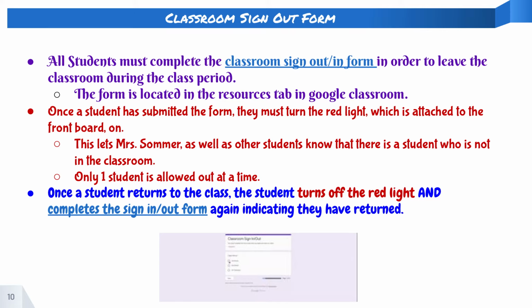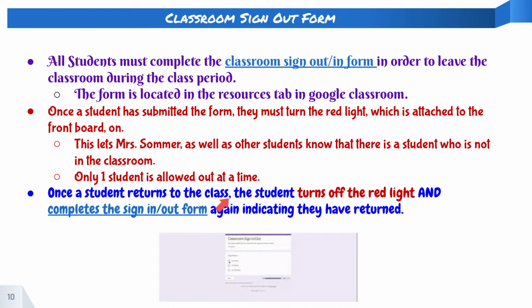Classroom sign-out form. Students need to complete the sign-out form in order to leave my classroom during their assigned class period. The form is located in their resource tabs in Google Classroom. Once they submit the form, they must turn on the red light, which is attached to the front board, and leave. That lets me and other students know that there's a student who's not in the classroom, as only one student is allowed out of the classroom at a time.